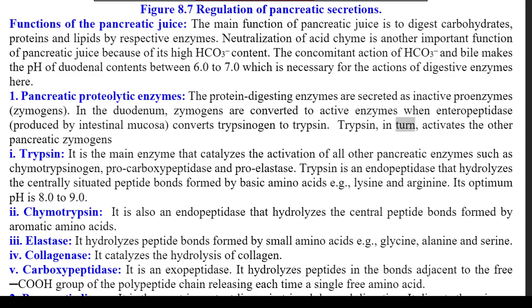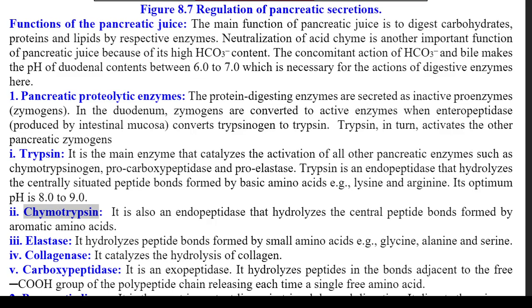Trypsin, in turn, activates the other pancreatic zymogens. i. Trypsin is the main enzyme that catalyzes the activation of all other pancreatic enzymes such as chymotrypsinogen, procarboxypeptidase, and proelastase. Trypsin is an endopeptidase that hydrolyzes the centrally situated peptide bonds formed by basic amino acids, for example lysine and arginine. Its optimum pH is 8.0 to 9.0.